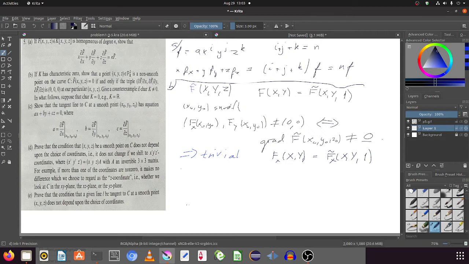That is the case f tilde z, and let's just put a 1 there. Distinct from 0. Both vanishing.